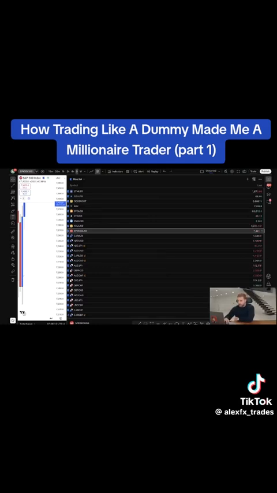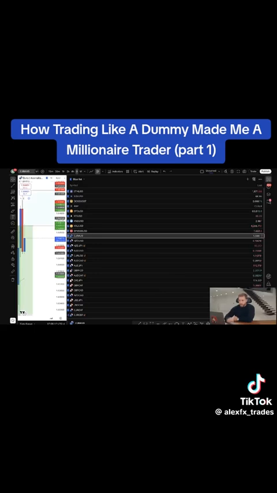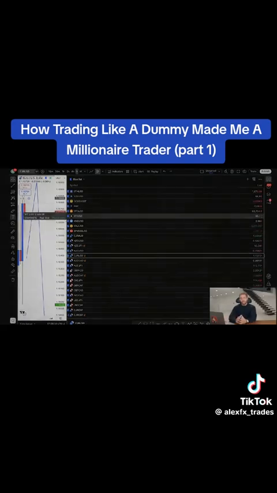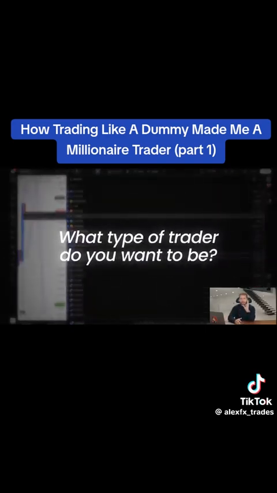Then you have other exotic pairs like Euro AUD, which move quite fast, with very strong pip value moves. And there's tens of different markets just like Euro USD. There's tens of different markets just like gold, for example, that are very volatile. You could trade gas, you could trade oil. There's just different markets that you can pick from. And this really comes down to what type of trader you want to be.